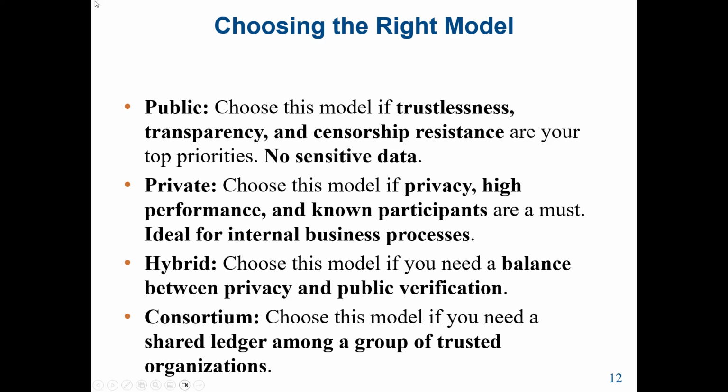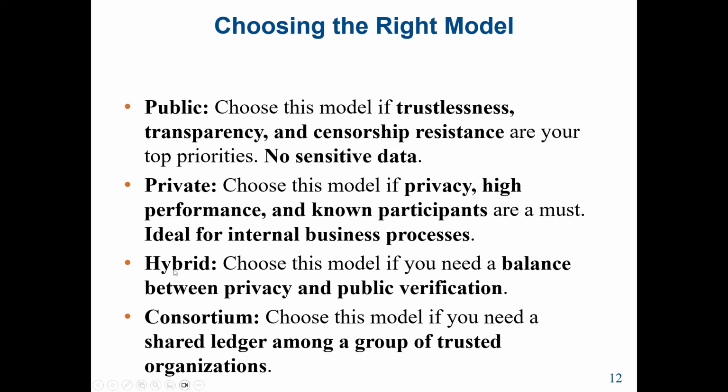And we can go through this list here. Public: choose this model if trustlessness, transparency, or censorship resistance are your top priority. No sensitive data, so public is good. In terms of private, choose this model if privacy is important. High performance, we say private is faster. And also known participants are a must. So this will be ideal for internal business processes. Very sensitive data, highly secure.